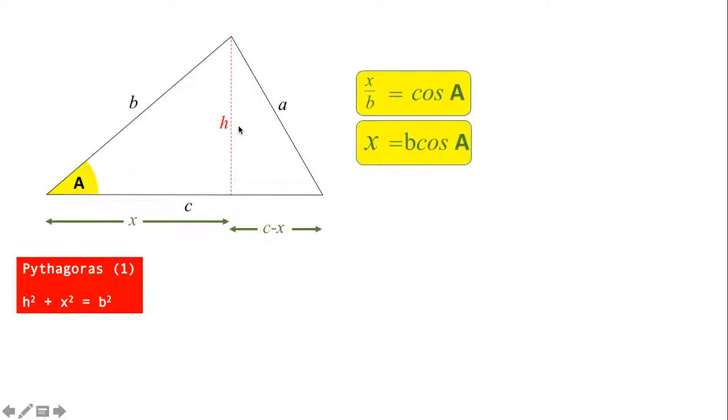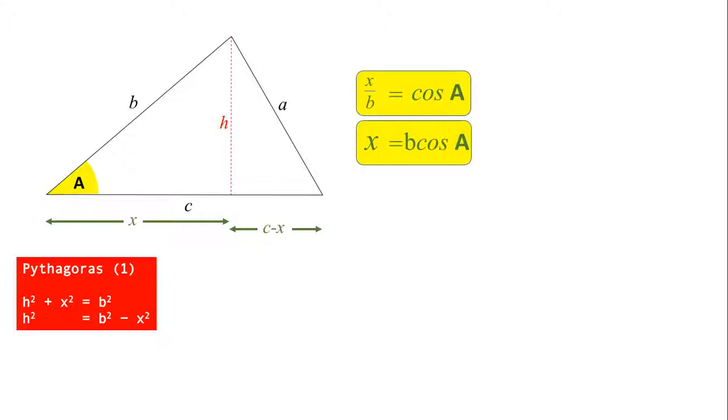But in this triangle, h squared plus x squared equals the longest one, b squared. Then just taking x squared away from both sides, I've got h squared equals b squared minus x squared. So this squared equals this squared minus this squared. It's just rearranging Pythagoras a bit.